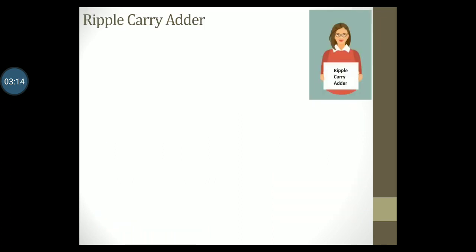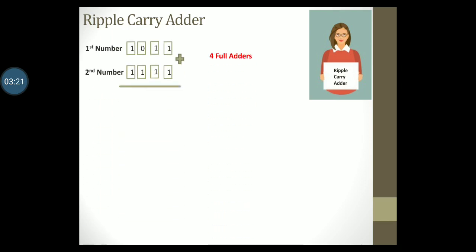Going back to our example of these 4-bit numbers, as I said, we require 4 full adders to do the job. Let us begin to draw the block diagram. To add the first column, we need a full adder such that the third input bit is grounded. Observe the naming nomenclature that is used.